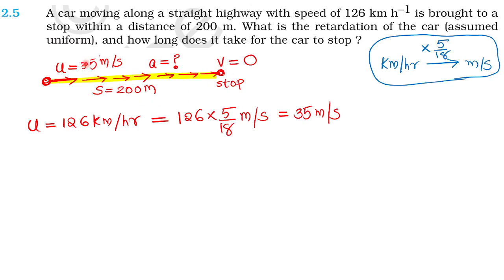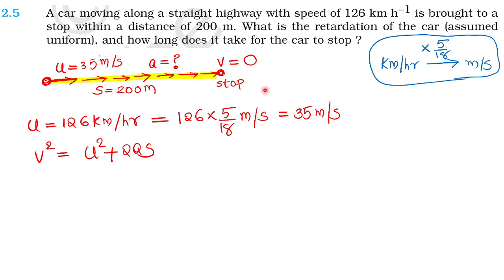Sir, V square minus U square is equal to 2AS. Yes. We studied in the previous class that V square equal to U square plus 2AS. I derived this formula. Understood? The formula connecting U, V, A, S is V square equal to U square plus 2AS.